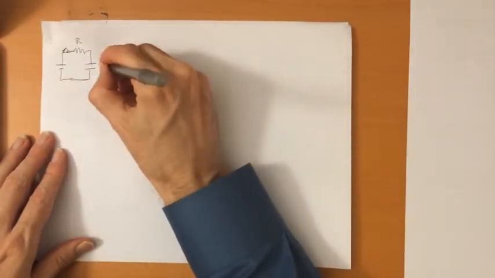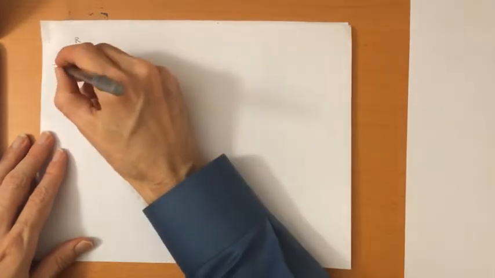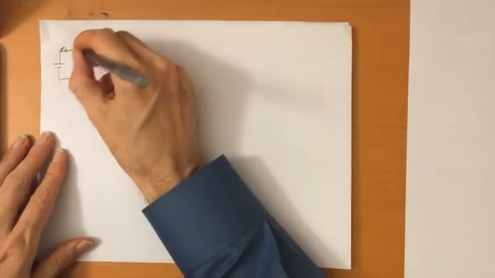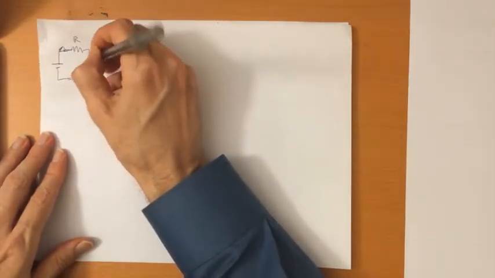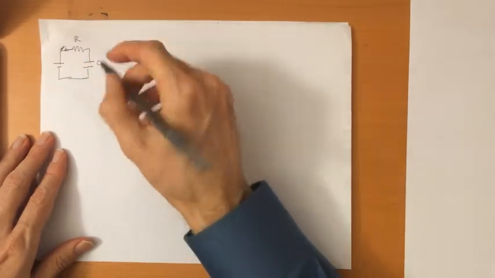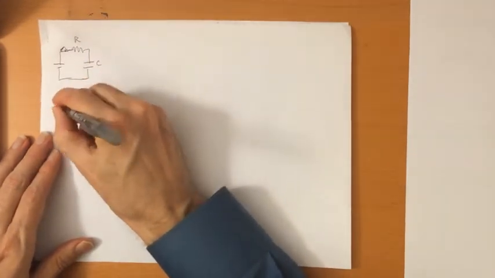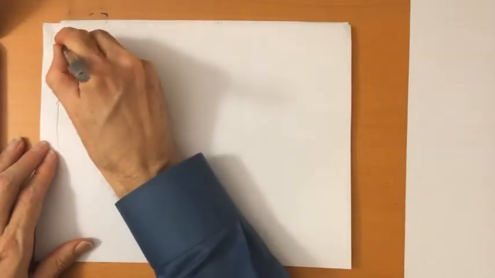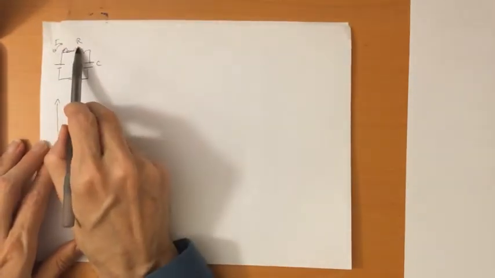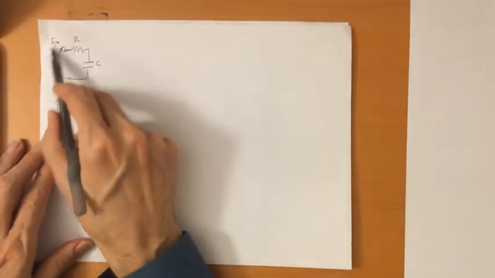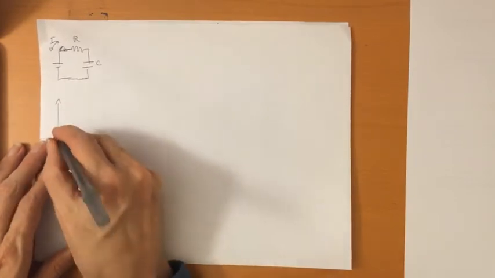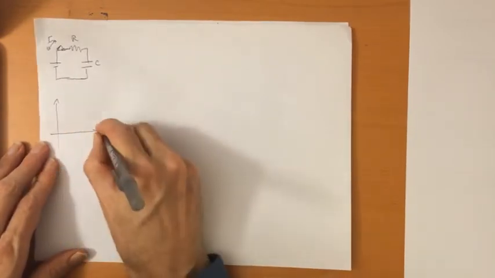The power supply voltage initially ends up over the resistor. The capacitor is initially uncharged. Over time there's a current in the circuit. The current, by the way, is limited by the resistance, so it doesn't allow charge to build up right away, but it has to do so slowly over time.